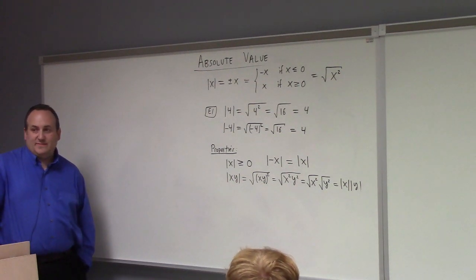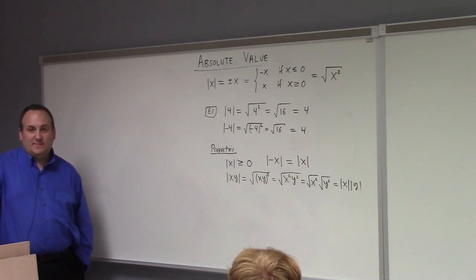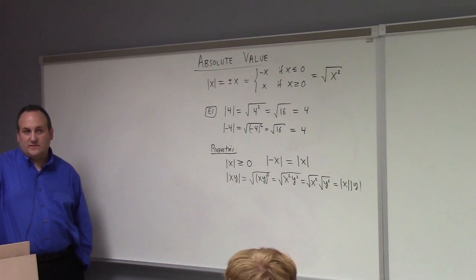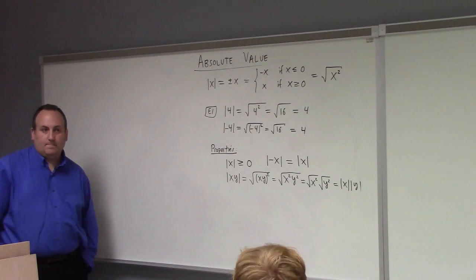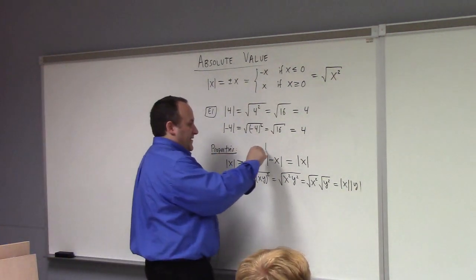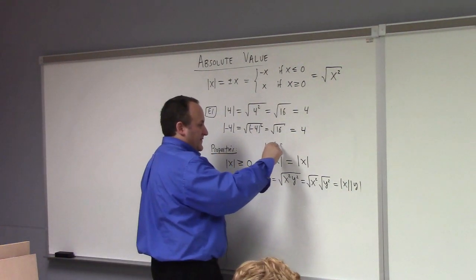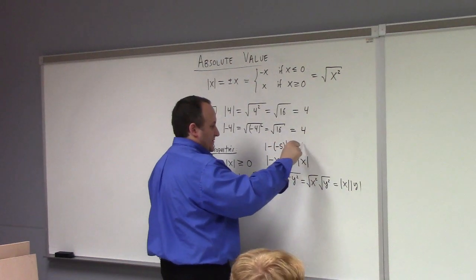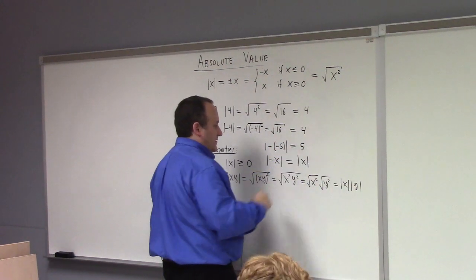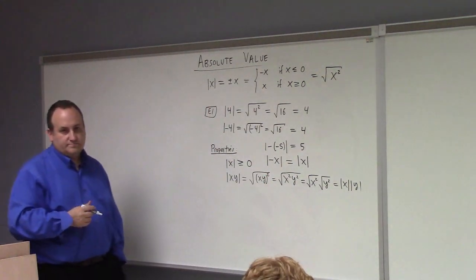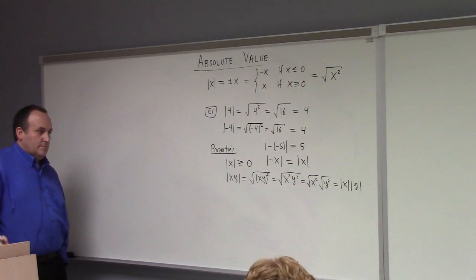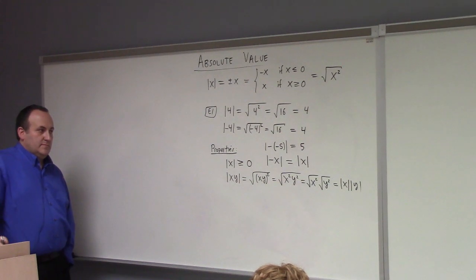For example, the absolute value of minus 5 is equal to 5, right? So if x is anything less than 0, it just becomes positive? Yeah.